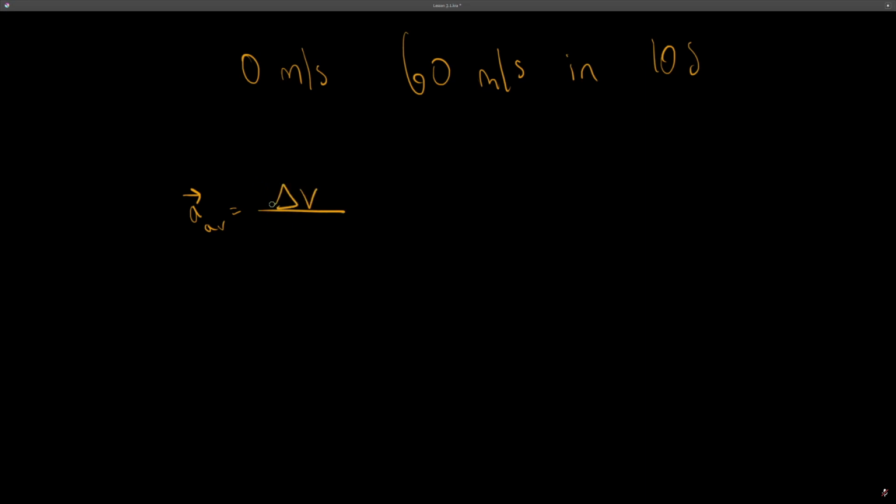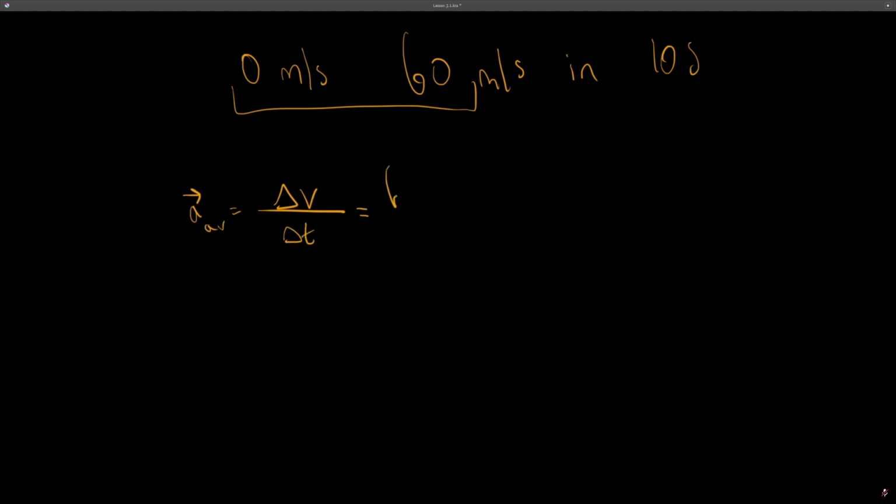So let's say an object accelerated from 0 meters per second to 60 meters per second in 10 seconds. So it took the object 10 seconds to reach this velocity. Now we can use the formula for average velocity, which is the change in velocity over the time.